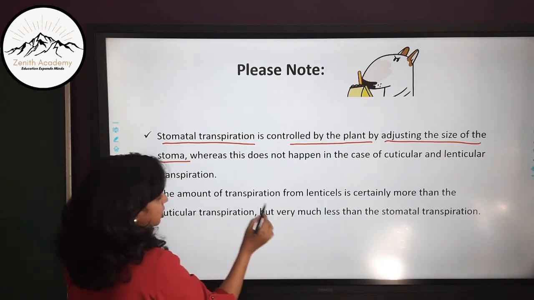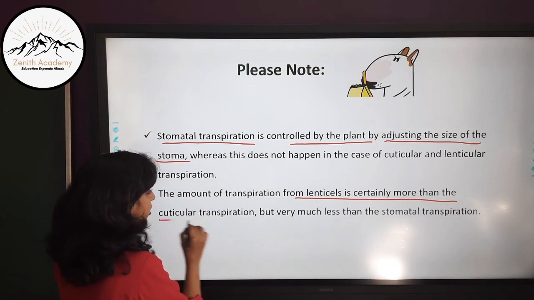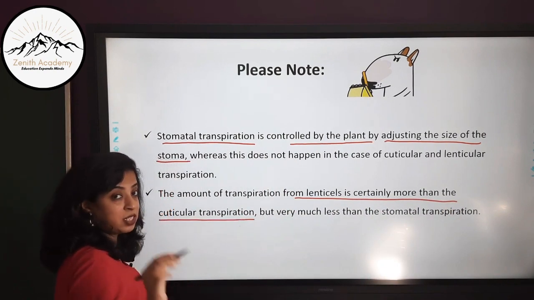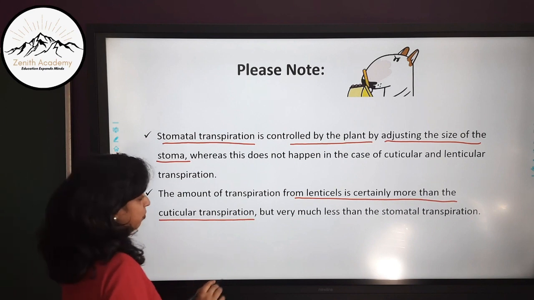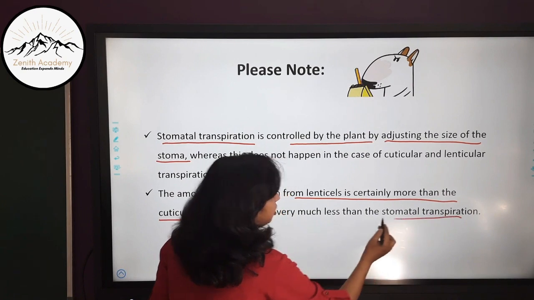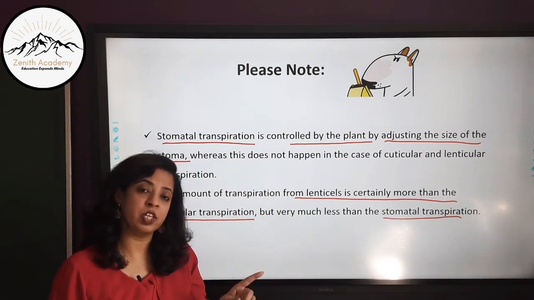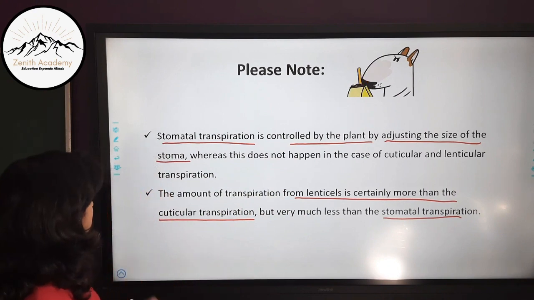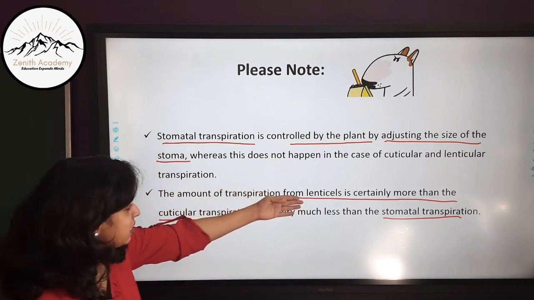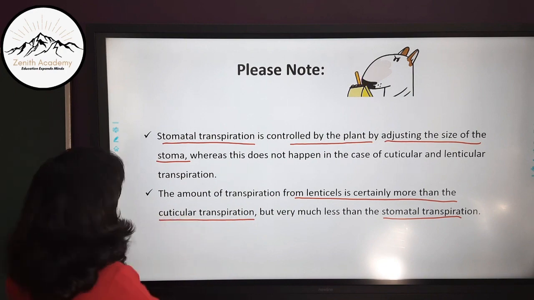The amount of transpiration from lenticels is certainly more than cuticular transpiration, but very much less than the stomatal transpiration. So transpiration occurs maximum through stomatal transpiration, then through lenticels, and in third position is cuticular transpiration.